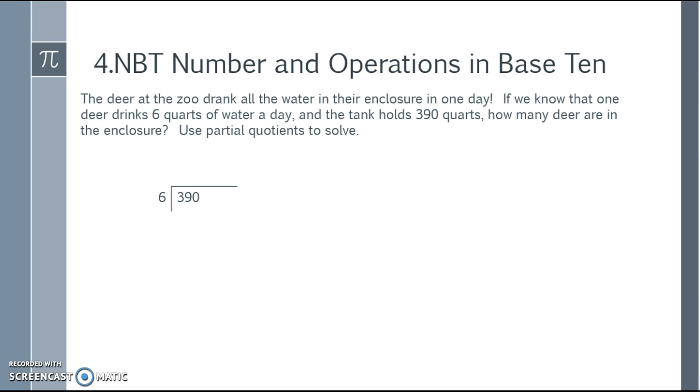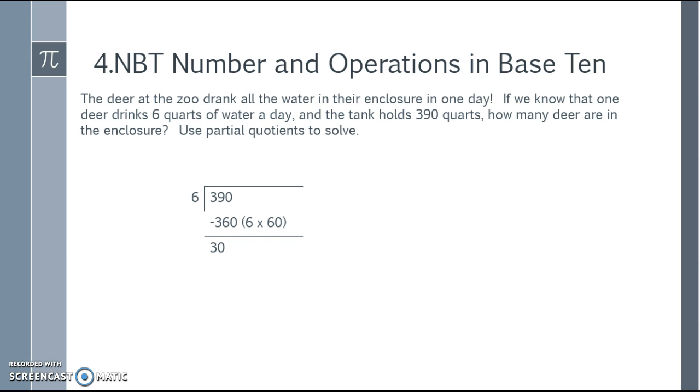So I'm going to think, how many tens can I make with 6 times how many tens gives me the biggest number I can have? Well, 6 times 60 would give me 360. If I did 6 times 70, I would end up with 420, so too many. So 6 times 60 gives me 360.